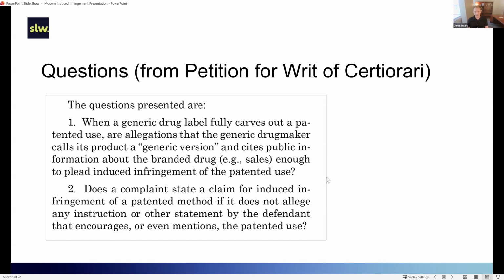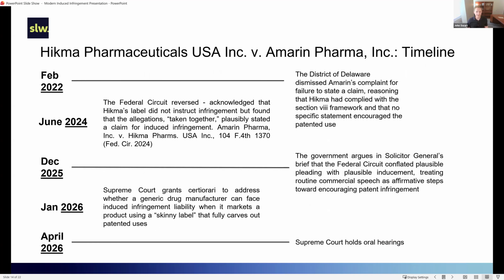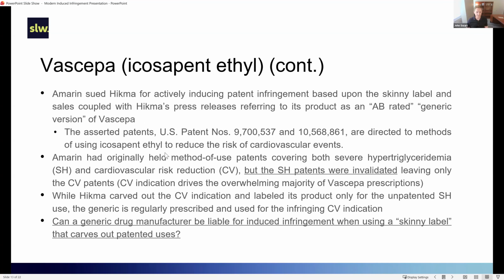I guess calling it a loophole is maybe interpreting the case a little bit in favor of the brand holder because, on the other side of this, as we discussed with the policy considerations, based on the FDA submission, Hikma has complied with everything, and in fact, in their label, they've maybe even instructed against patent infringement and instructed toward the non-patented indication directly.